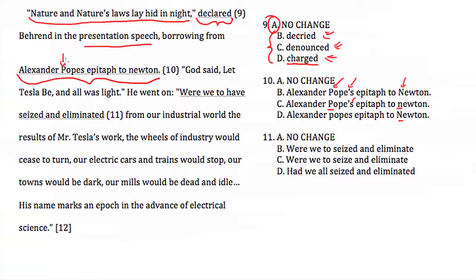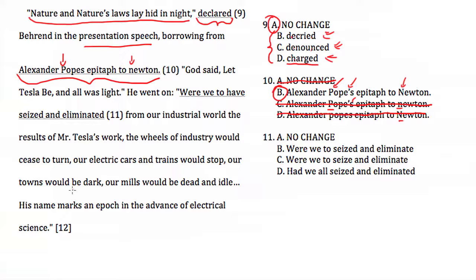Now, Pope is a name, and so is Newton. So these are proper nouns, and they both should be capitalized. And that eliminates answer A, and answer C, and answer D. Now this is Pope's epitaph, so we're showing ownership. Pope owns this epitaph, so we do want the apostrophe. And we've also eliminated all the other answers. So for question 10, the best answer is B.